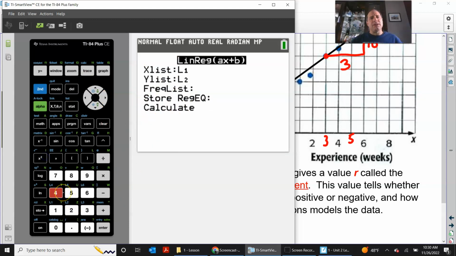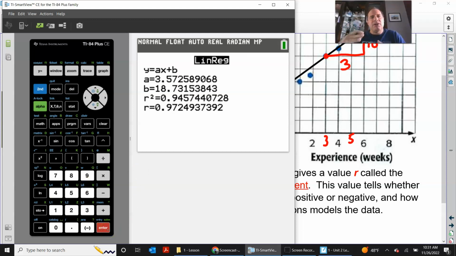These are the same steps we used to get the linear regression equation. But since Diagnostics are on, we are going to notice another two numbers. Instead of just A and B, we're going to have R squared and R. The R is the correlation coefficient.